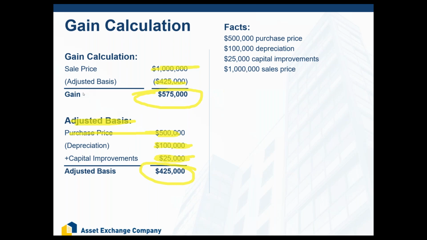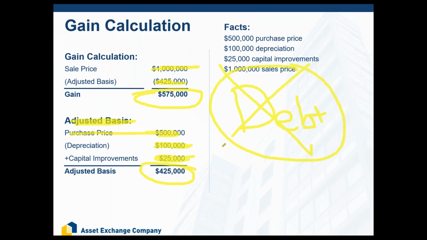Ladies and gentlemen, one of the things that is very important to note is that nowhere in any of these calculations do we see anything related to the loan. All right? Your debt or your loan does not factor in to your tax bill at all. So a lot of people say, well, geez, Leonard, I'm going to sell for $1 million, but I owe $1 million.